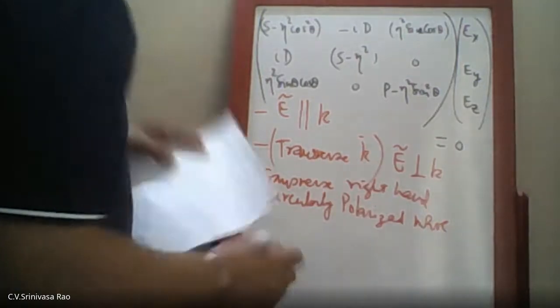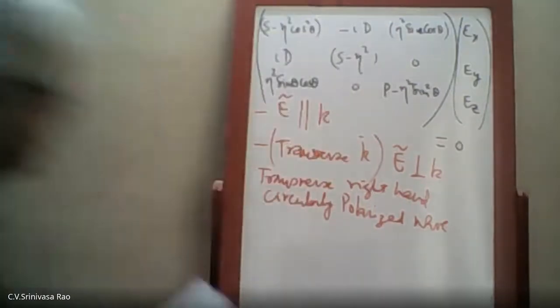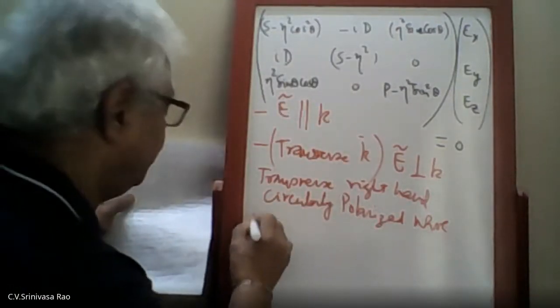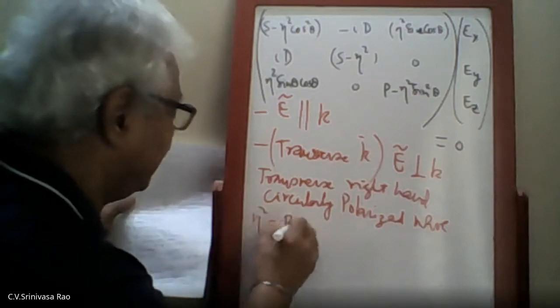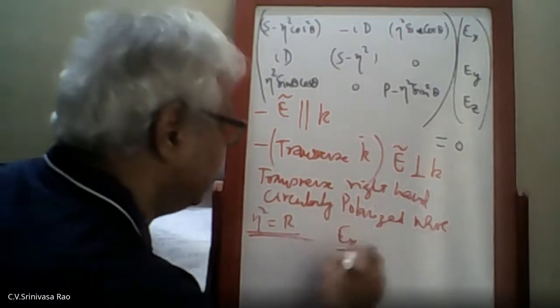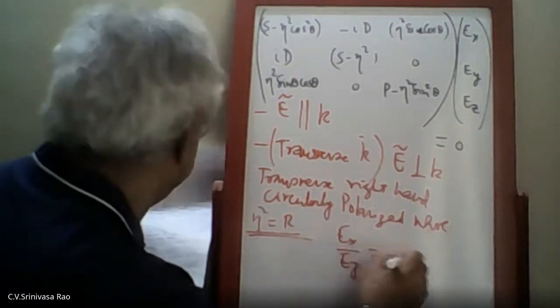Also, we got the direction of polarization, which was given by putting eta square equal to R. So that was basically Ex by Ey, which was actually minus i.